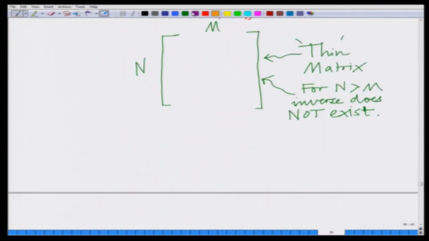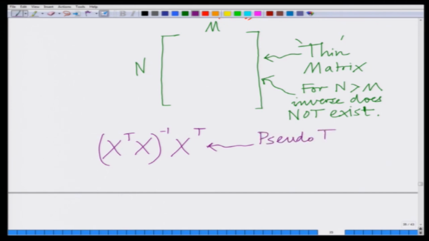This quantity is also known as the pseudo inverse, or the left inverse of your matrix x, alright. Basically, that is the least squares estimate.